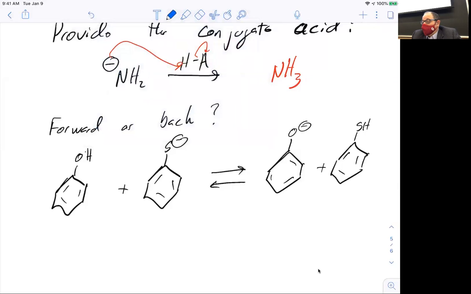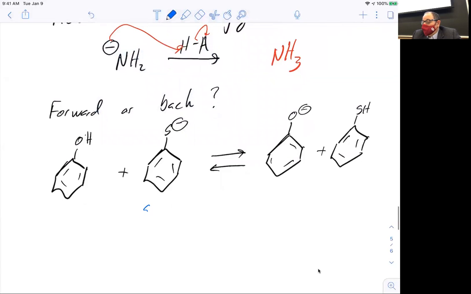For this one, we want to look at the stability of our conjugate bases. So the alcohol, the phenol here, and the thiol both appear stable. So it's easier to think about stability when we look at the sulfur minus versus the oxygen minus.